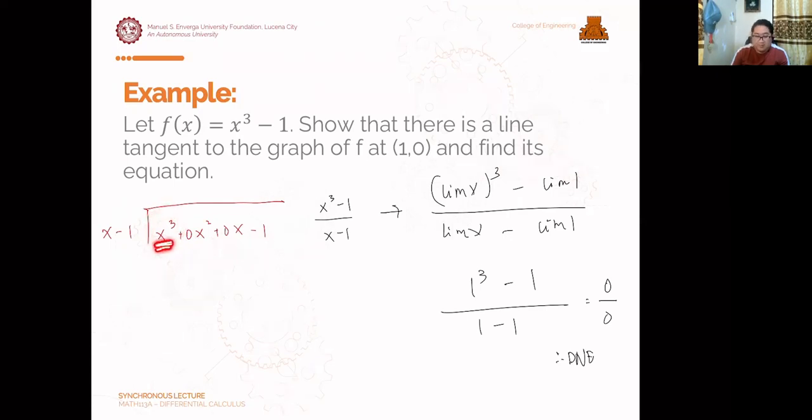Kaya ang technique sa pag-solve ng division ng polynomial is, kailangan yung first term natin, makakuha tayo ng gantong term para ma-eliminate siya. So ngayon, mag-iisip ka ng number o ng variable, saan mo pwede i-multiply si x minus 1 para magkameron ng x cube? Para magkameron ng x cube, kailangan mo i-multiply siya ng x squared. No? Pag minultiply mo si x squared, nagiging siya x squared times x minus 1, x cube minus x squared.